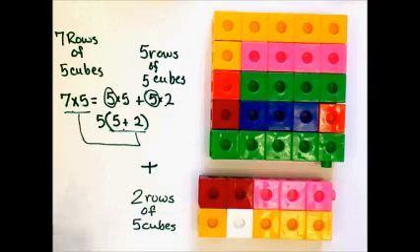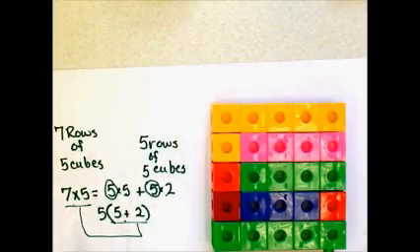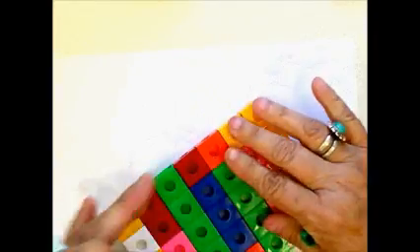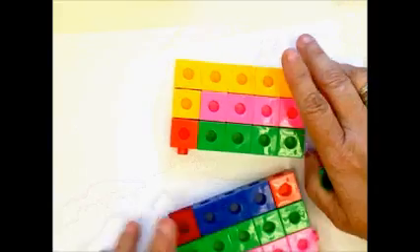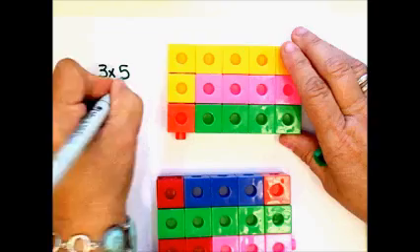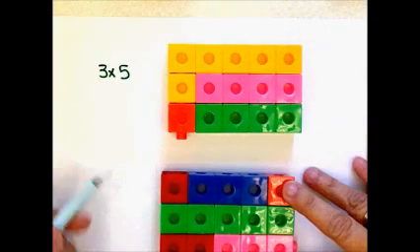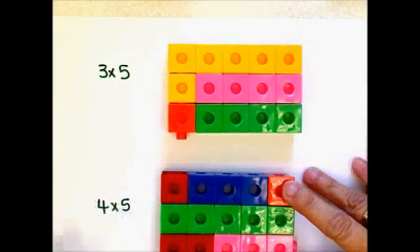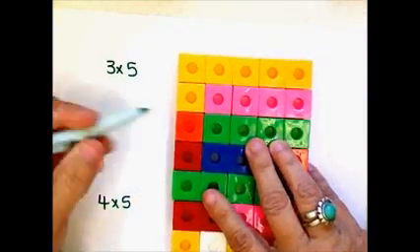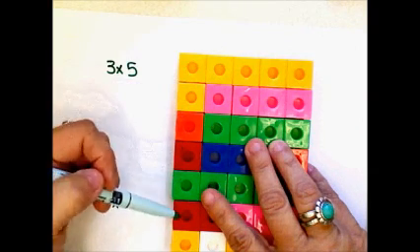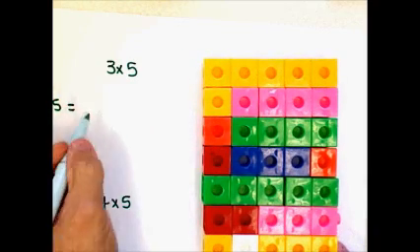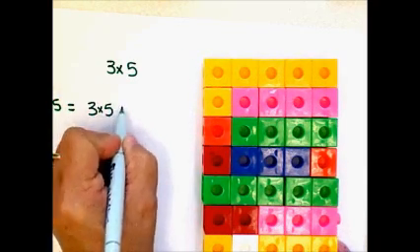Now, I could break this apart in other ways too. I could have said 3 rows of 5 and 4 rows of 5, or my whole piece was 7 rows of 5. So in other words, 7 rows of 5 is equal to 3 times 5 plus 4 times 5.